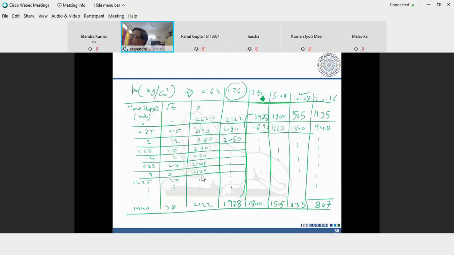So 3, 4, 5, 6 days. For 6 days, the same sample is subjected to loading, and loading has been done on the 6th day, which is equivalent to 200 tons per meter square, which is quite high. And this is the scenario of the deformation of the soil sample. We started with 2220 and we finished at 807.